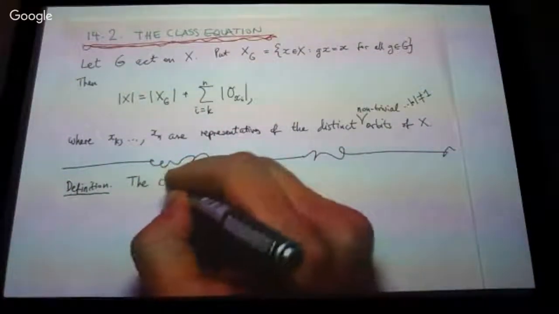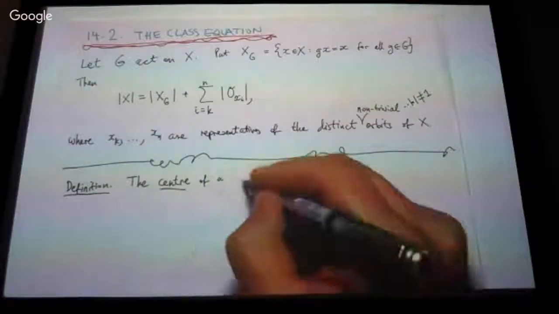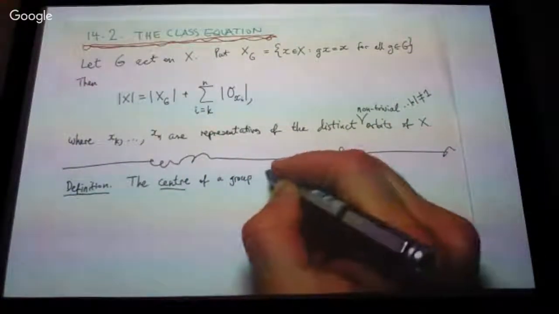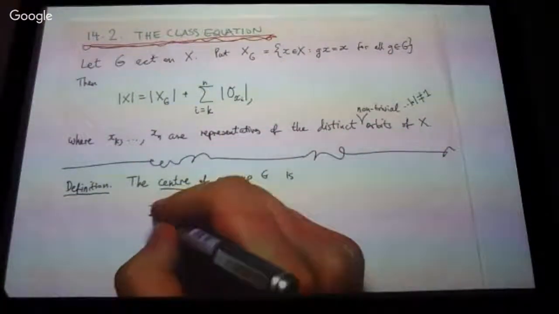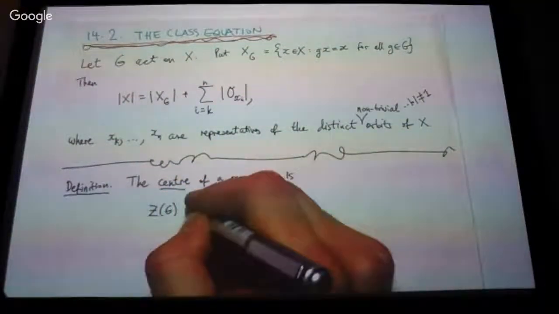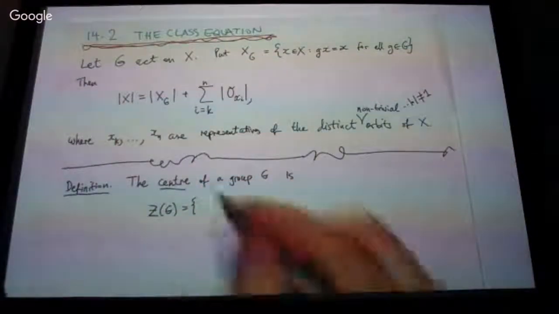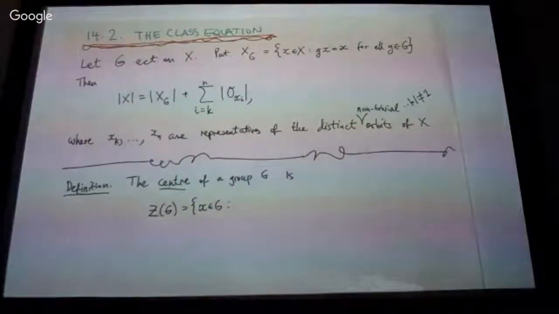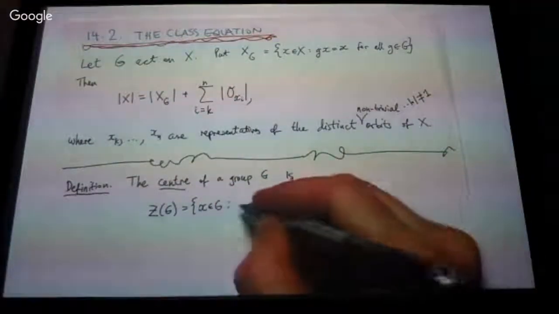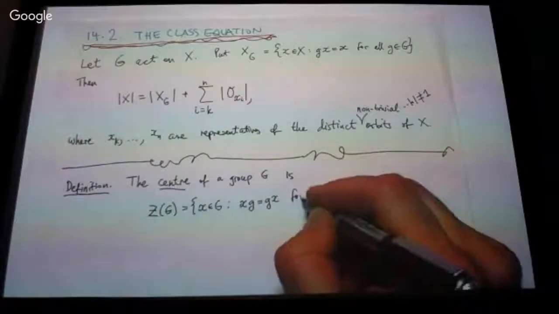The center of a group G is something called Z(G), which is all the elements x of G such that xg equals gx for all g.